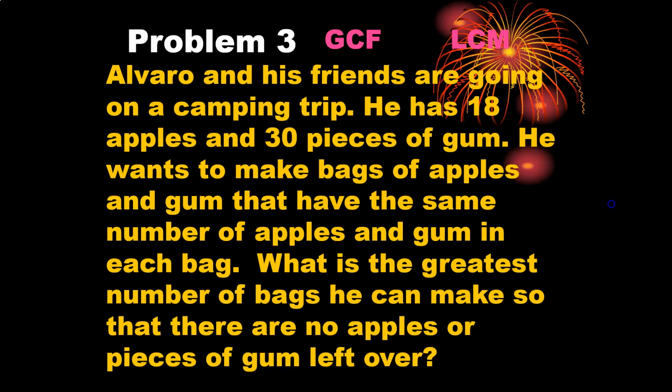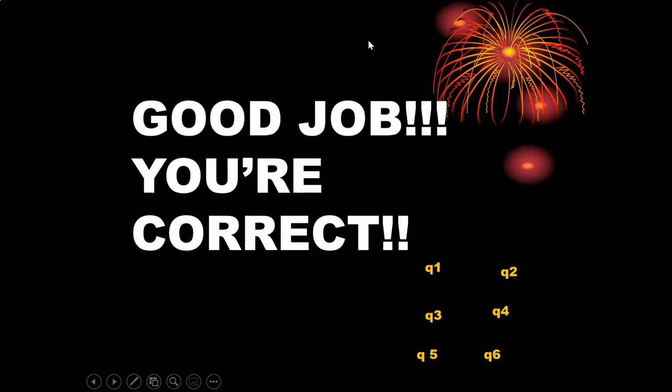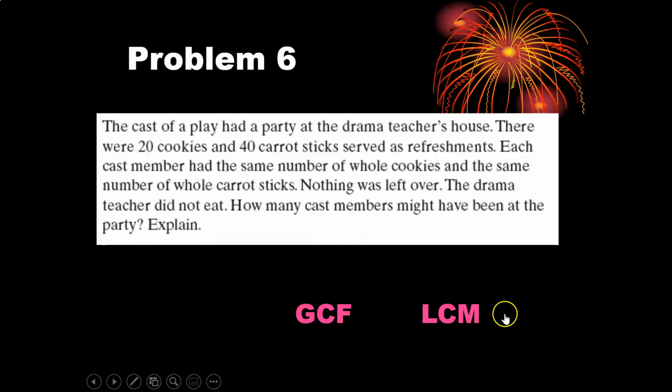So go ahead and think about this one. And if you said greatest common factor, you would be exactly correct, because in this case he has two types of things and he is making groups. So he has to think about how to divide them into groups. So he's thinking division, which is what our brain does when we're trying to think of factors. So greatest common factor is correct.